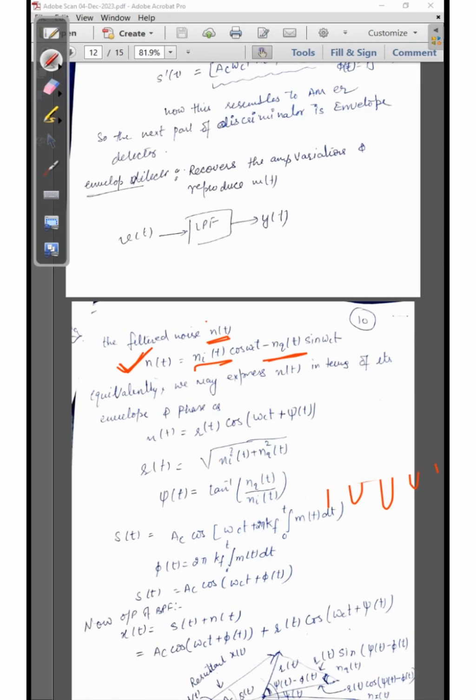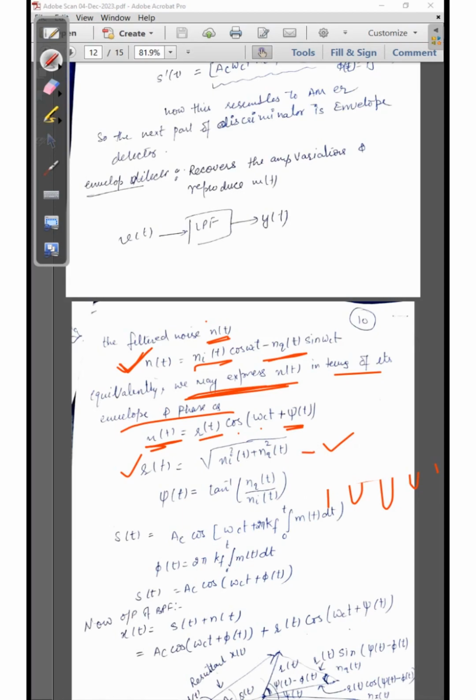Now we may express this n of t in terms of its envelope and phase, right? So I can write n of t as r of t into cos(omega ct plus psi of t), where r of t is nothing but the square root of ni square of t plus nq square of t. I can write this r of t in terms of ni and nq.